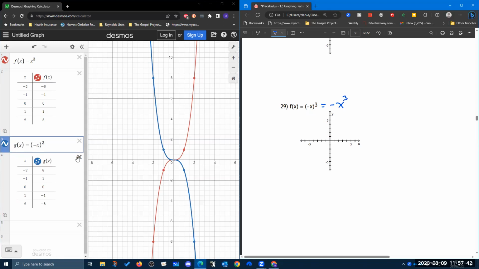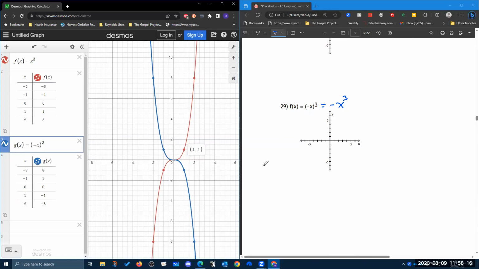And so those look exactly the same, but I did it in a different way, because instead of taking this red point and reflecting it across the x-axis to get this point down here in blue, I instead took this point that was (1, 1) and reflected it across the y-axis to get that point over there that was (1, -1). This point in blue that's (1, -1) came from this point over here that's (-1, 1), and it was also reflected across the y-axis.